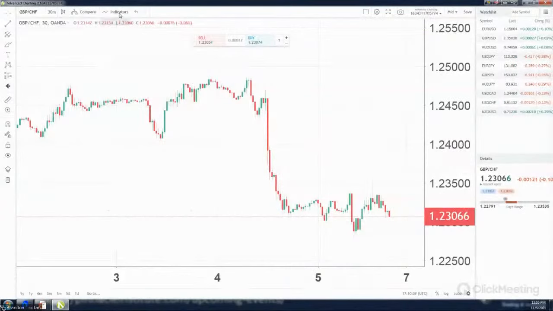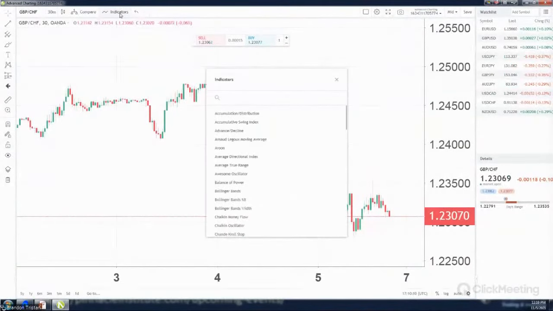But then I would go in and say, oh, here's some indicators, and the broker's giving them to me for free, so I'm getting a great deal, getting some free stuff.